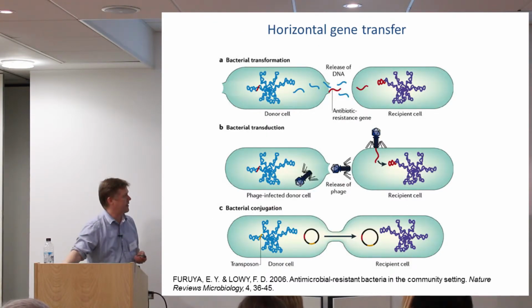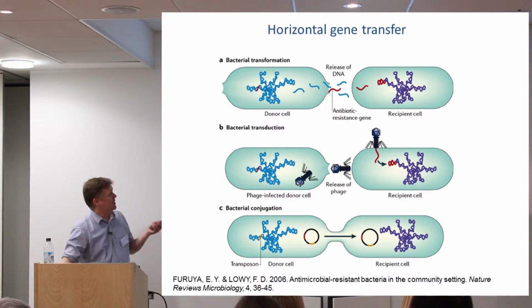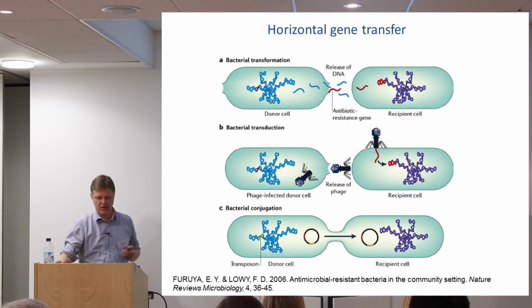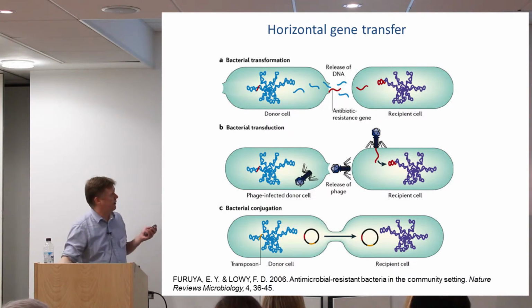Most of you will be very familiar with horizontal gene transfer, but there's just this uptake of naked DNA. Some bacteria actually excrete DNA, or when cells die, the DNA can be taken up and integrated into the genomes of other bacteria.